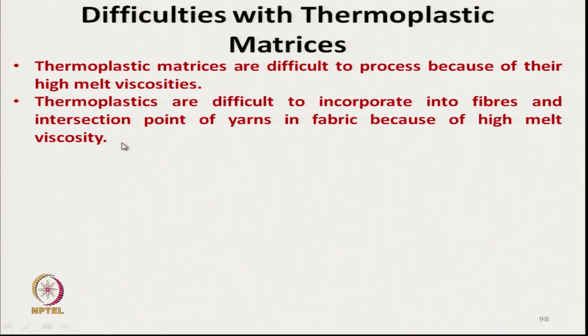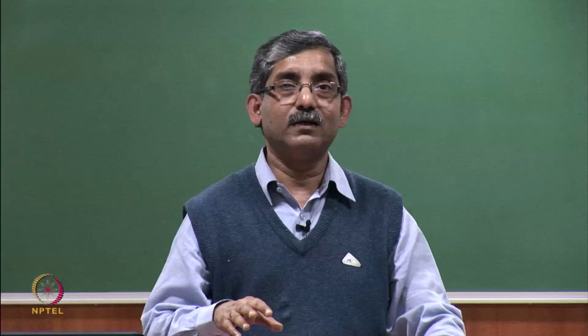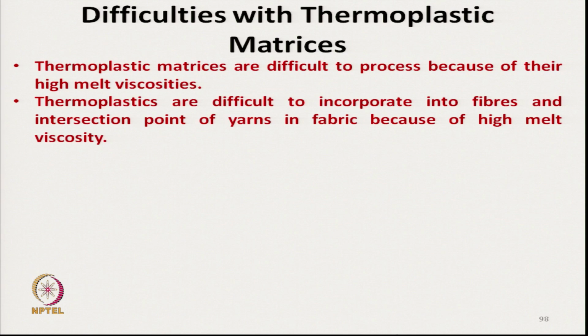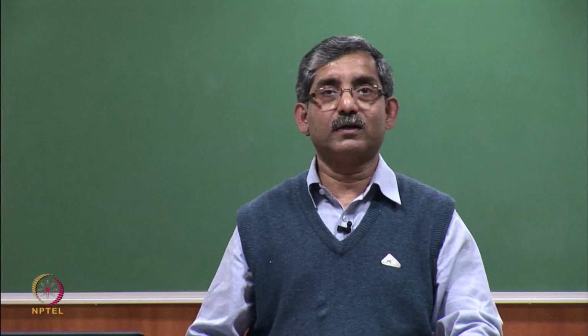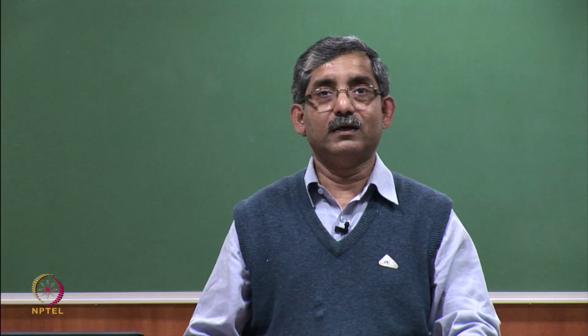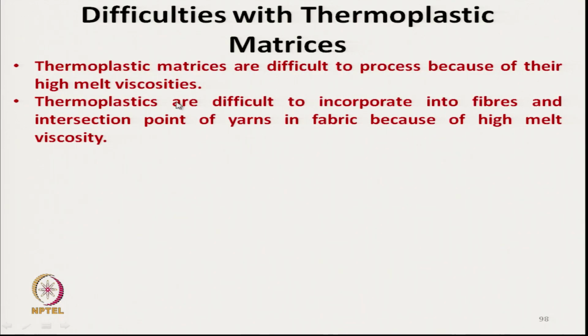If we want to reduce the melt viscosity, we have to increase the temperature, and that will in turn deteriorate the properties of the matrix. Also, if we want to incorporate into the intersection points, we have to apply very high pressure.